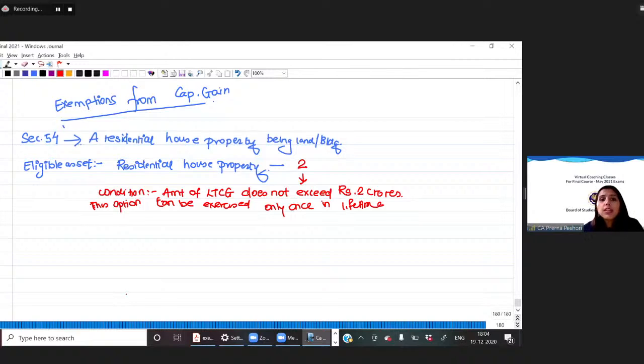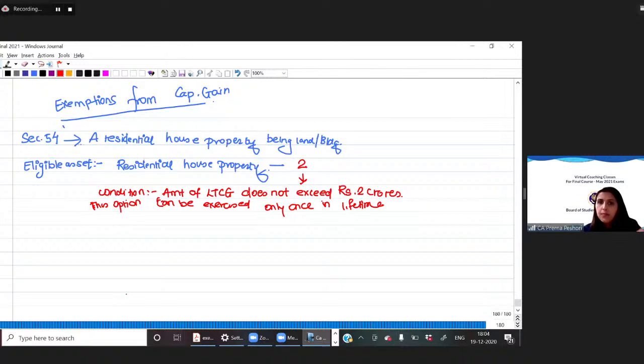And if you purchase another house property, then you will get the exemption. Now, Section 54 was recently amended. What it says is that you can purchase two house properties, but the capital gain amount should not exceed rupees 2 crore.